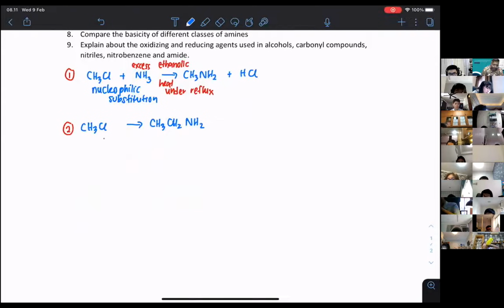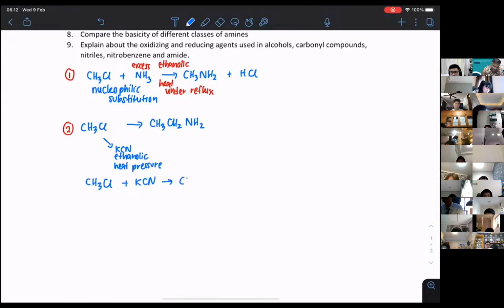You react with ethanolic KCN, heat under pressure. So you will get CH3Cl plus KCN giving CH3CN, a nitrile. Do remember, this is nucleophilic substitution.